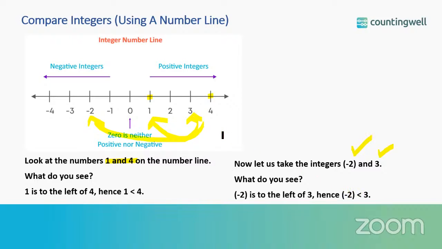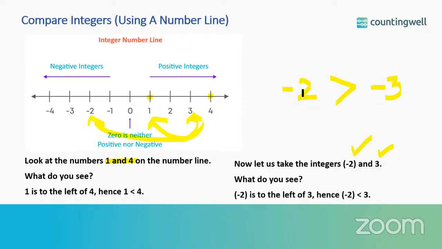In general, if we are not using a number line, negative integers are always less than positive integers. 0 is greater than all the negative integers and 0 is less than all the positive integers. But if you are comparing two negative integers, for example, minus 2 and minus 3, which one is smaller? Minus 3 will be smaller number. Why?